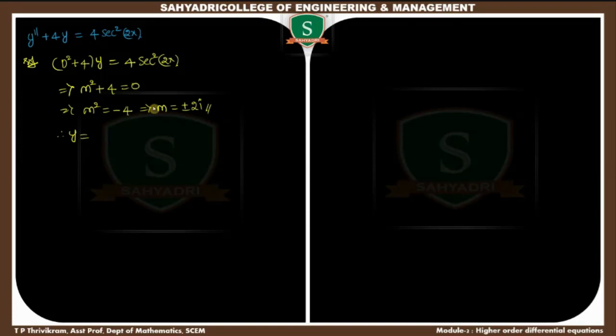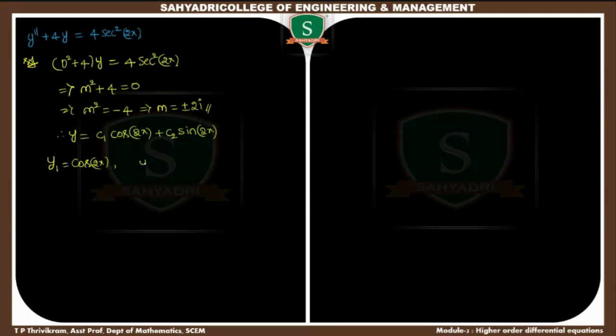yc is C1 cos 2x plus C2 sin 2x. Now what will be y1? It is cos 2x.